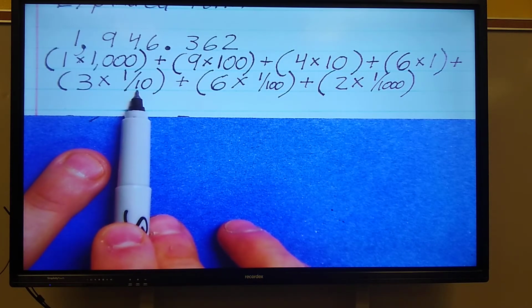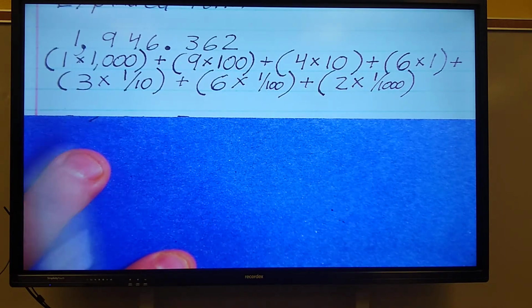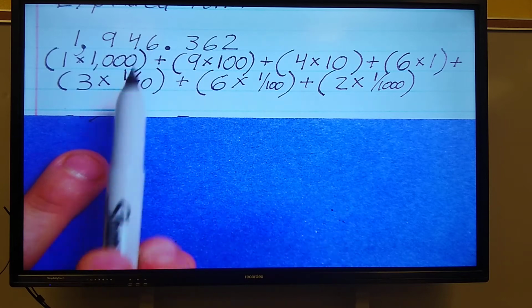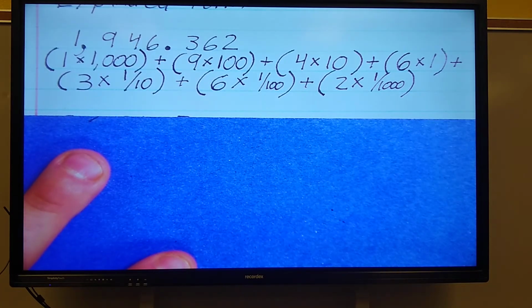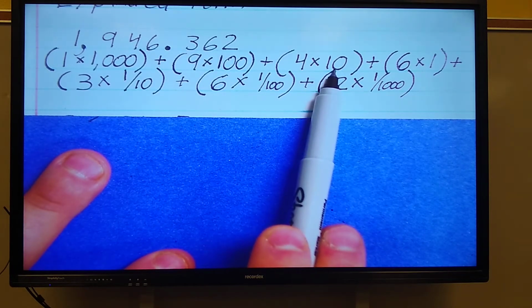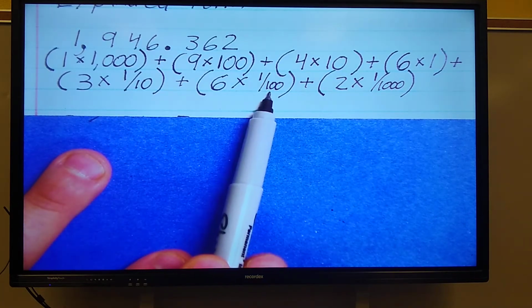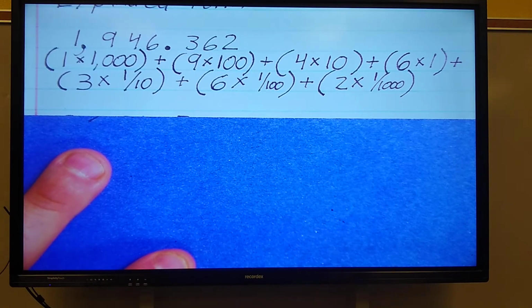This is 1/10. This is 1/100. This is 1/1,000. All you do is take these numbers and multiply them by their place. Thousands place, hundreds place, tens place, ones place, tenths place, hundredths place, thousandths place.